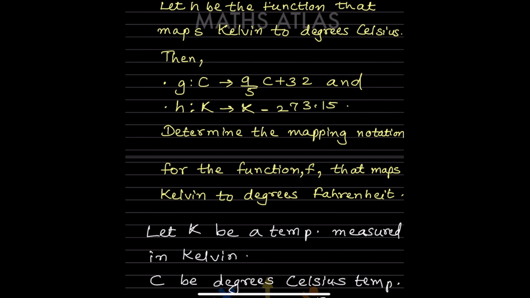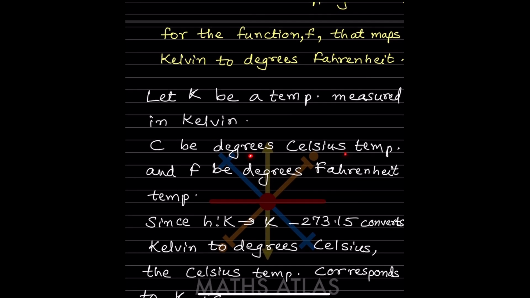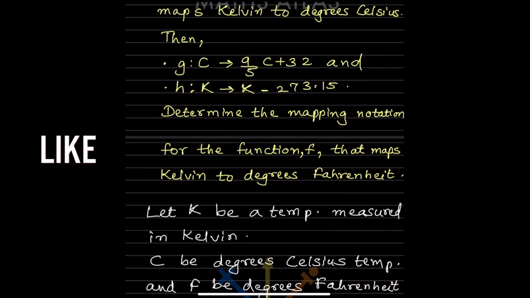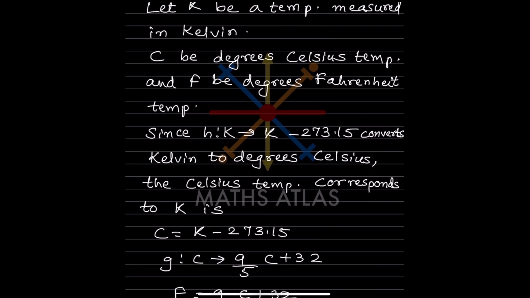So now, let K be a temperature measured in Kelvin, C be the degrees Celsius temperature, and F be the degrees Fahrenheit temperature. Since H of K is given, we have to convert Kelvin to degrees Celsius.